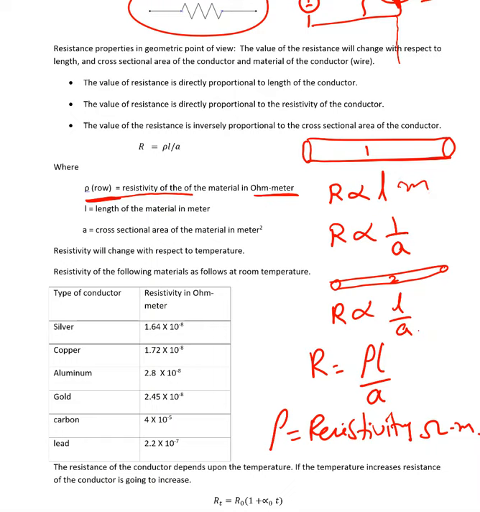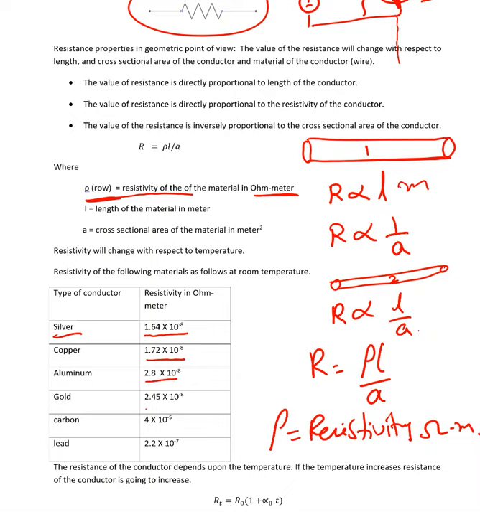Now this rho depends upon what type of material we are using. In this table you can see the rho values. For silver, the rho value is 1.64 times 10 to the power of minus 8 ohm meter. Copper is 1.72 times 10 to the power of minus 8 ohm meter.